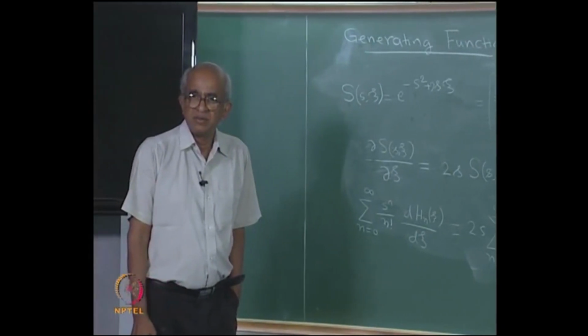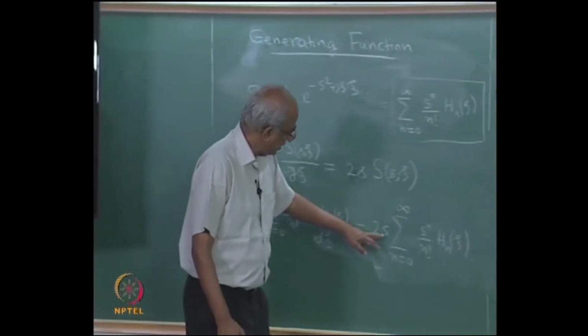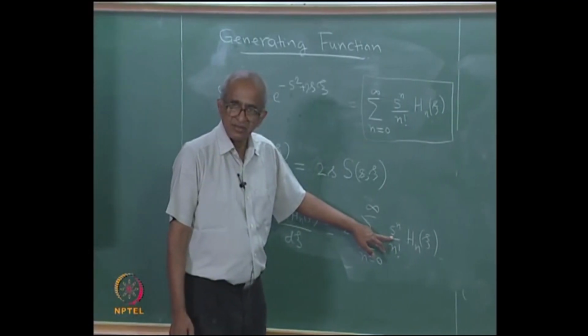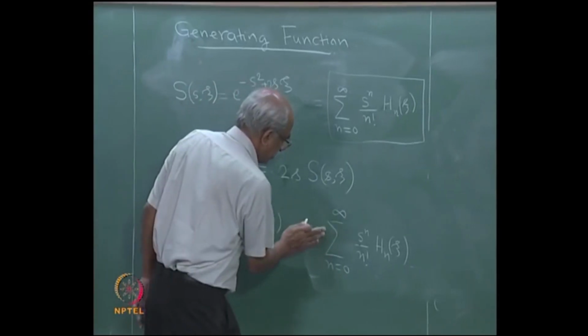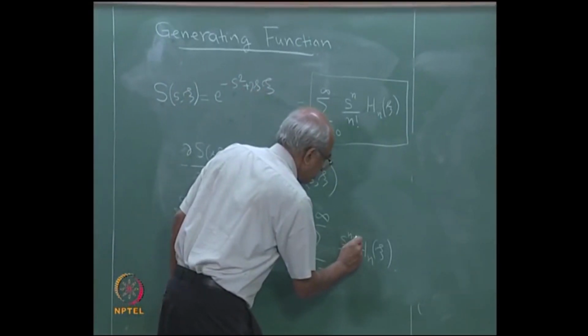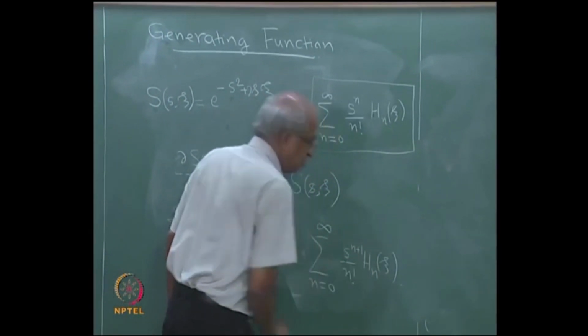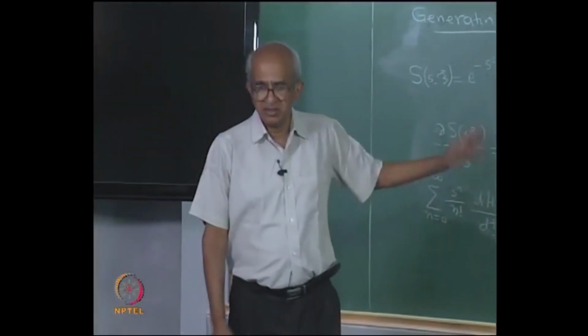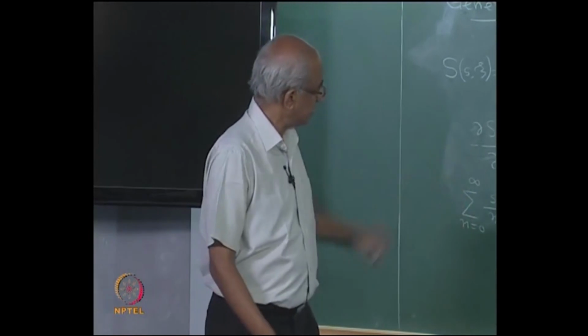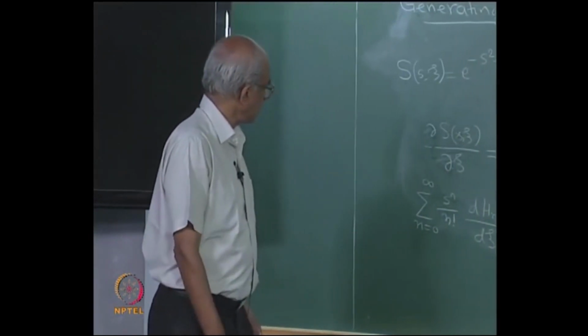Right, and this s, if you like, you can take it inside, because s is there, so why should it be sitting outside? I can put it inside the summation, and say s to the power of n plus 1.